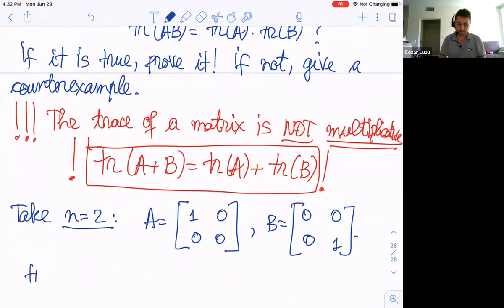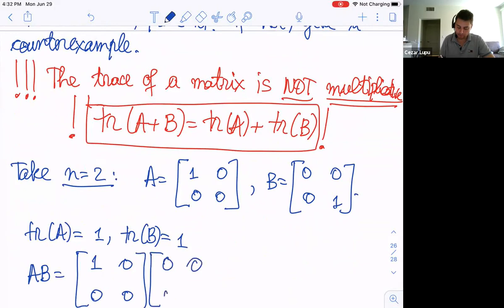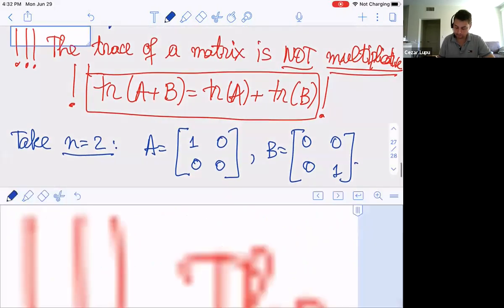So clearly trace of A is 1, right? Trace of B is 1 again. And let's look at AB. So let's multiply these two matrices. AB is 1, 0, 0, 0 times 0, 0, 0, 1.